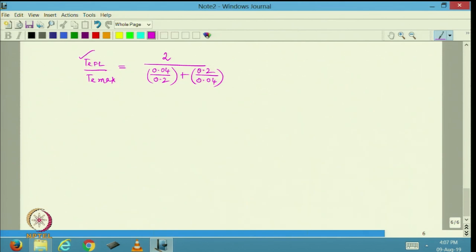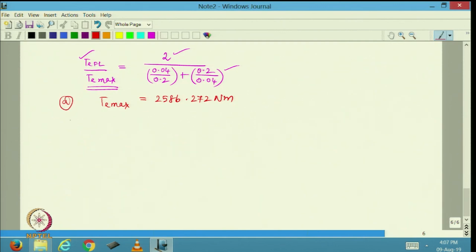TE full load is known, all these things are known, the only thing you need to calculate is TE max. From this we can arrive at TE max equal to 2586.272 Newton meter. Please verify this calculation as well.